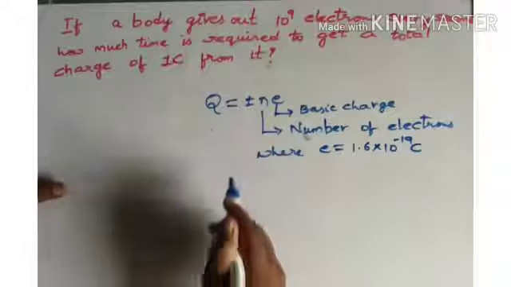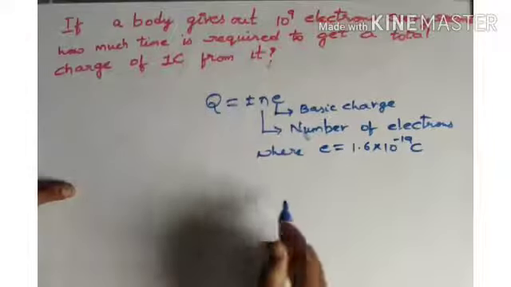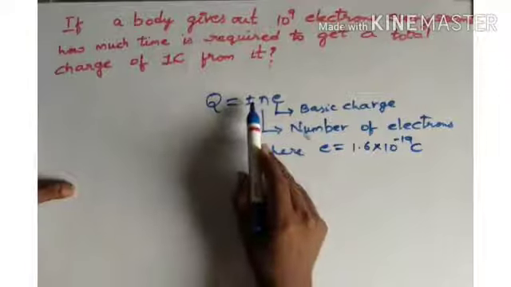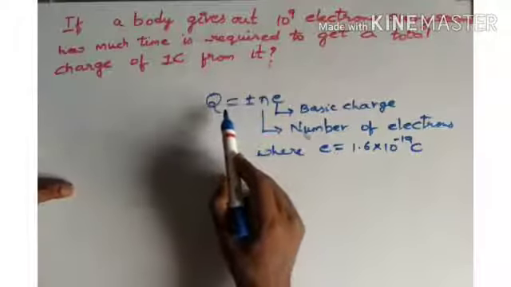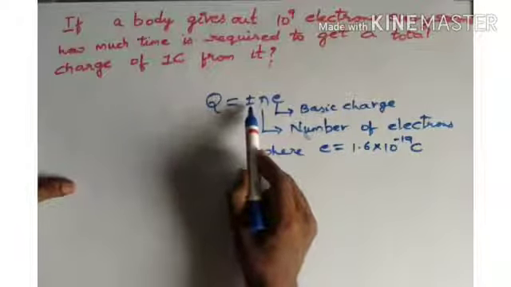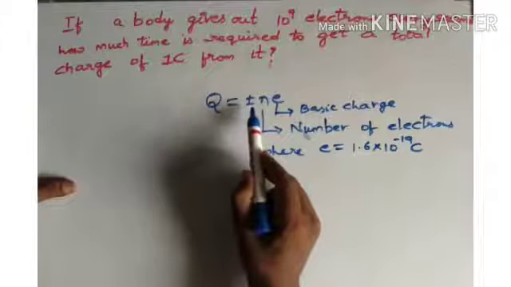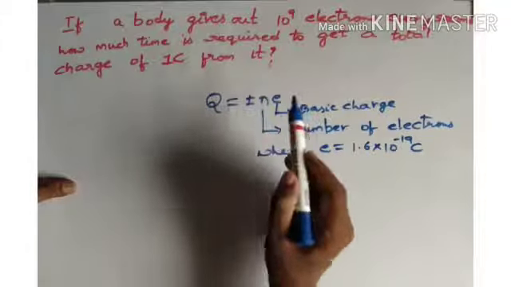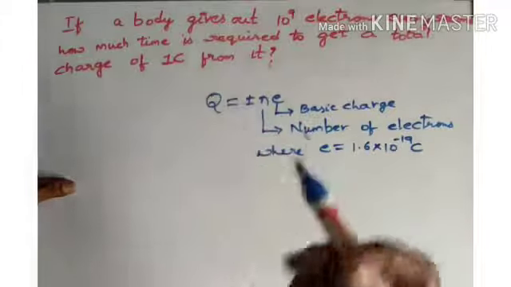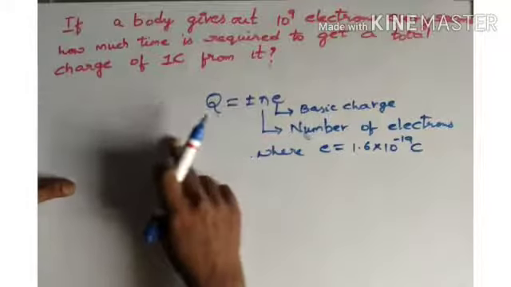Based on this formula, Q is equal to plus or minus NE. We take plus whenever the charge is lost by the body, and minus whenever the charge is gained by the body. Here, charge means the electrons.